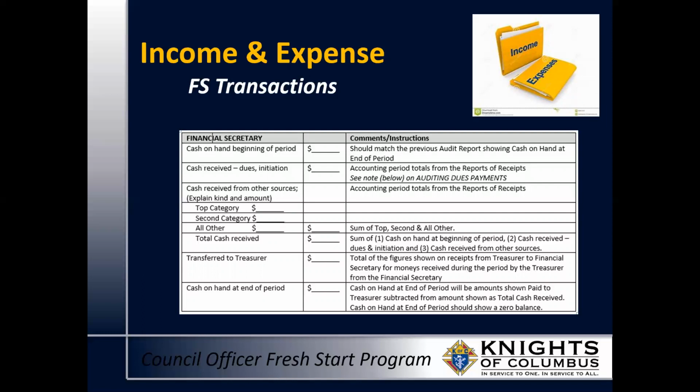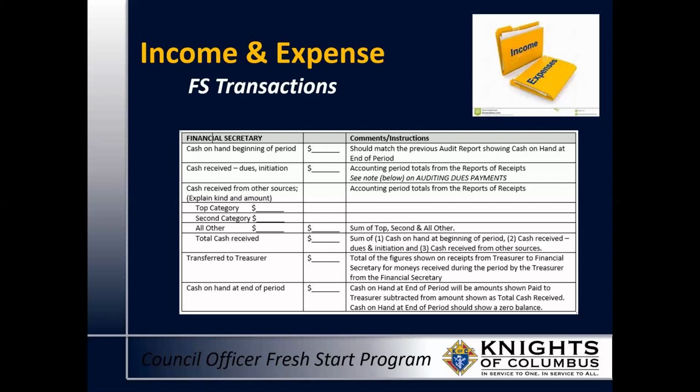And the next line is talking about cash received for dues and initiations. That's pretty clear. The next line is cash received from other sources. Now, there are only 3 lines on the audit right now. So what you can do, which is pretty discretionary, is take your top category of the money you raise. Say you have a golf outing that's your major source of income for that 6-month period, or a pancake breakfast or whatever.